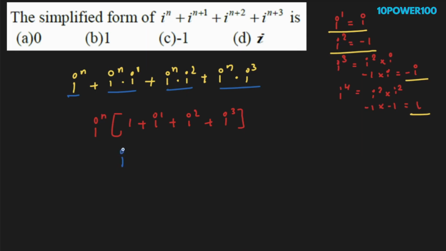Next, i power n of. So now 1 as it is, i power 1 is nothing but i only. Now plus i square value is minus 1, right? And i cube value is minus i.